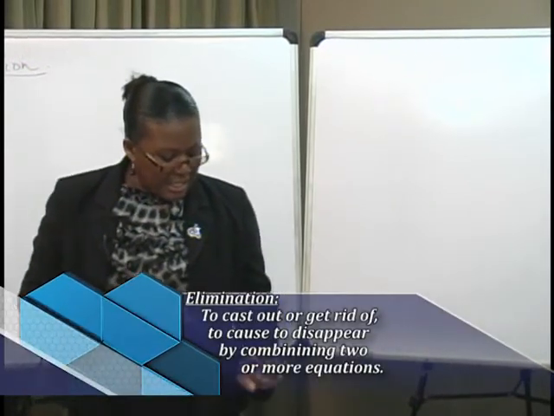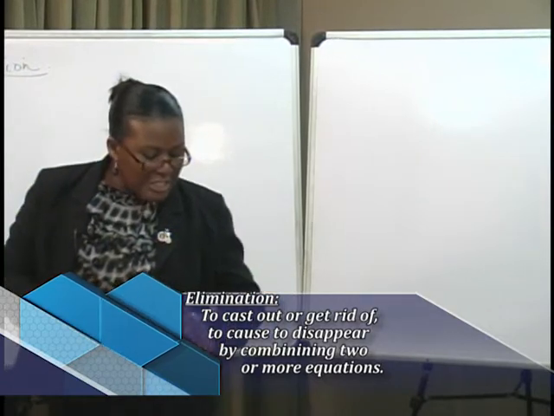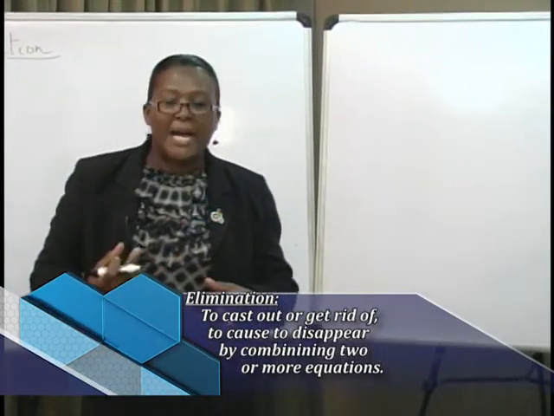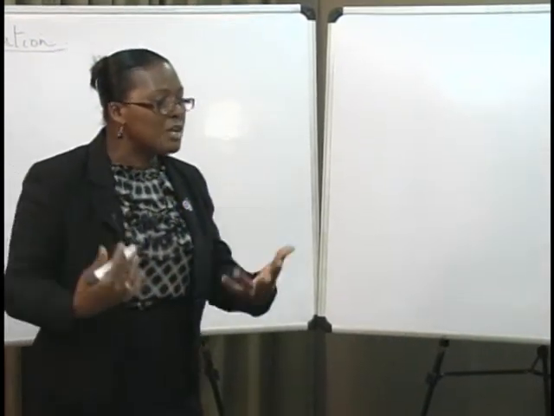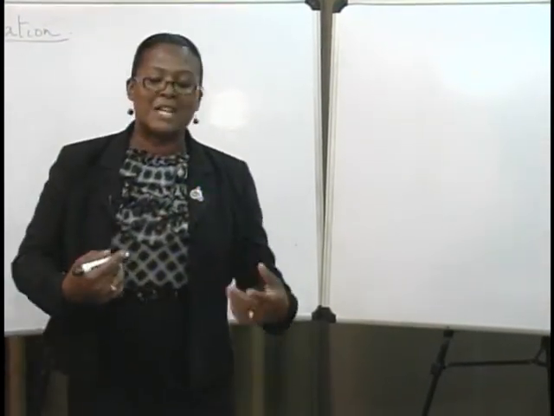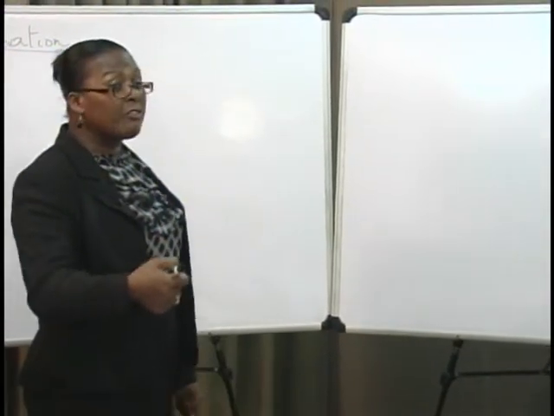The dictionary says that elimination means to cast out or get rid of, to cause to disappear by combining two or more equations. So we're getting rid of something. We're casting out something.